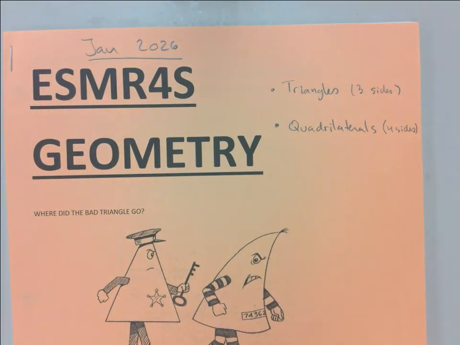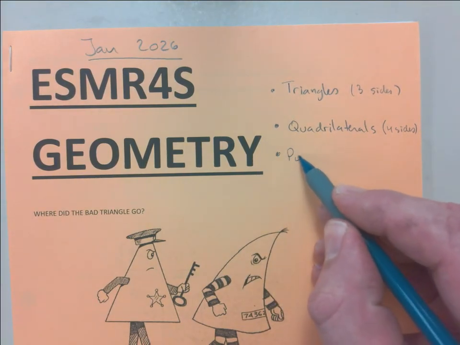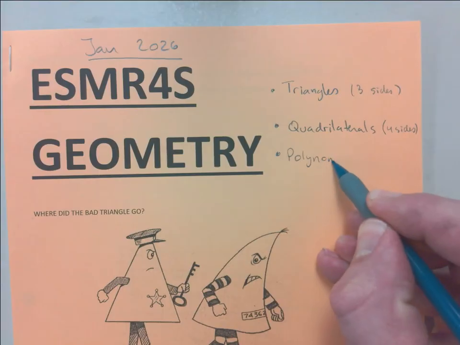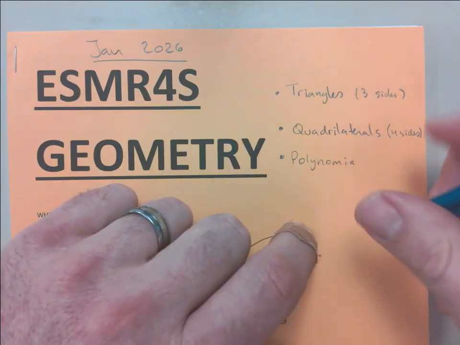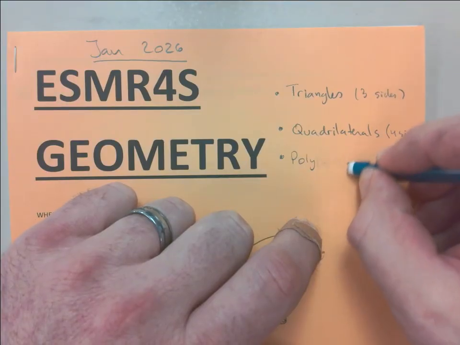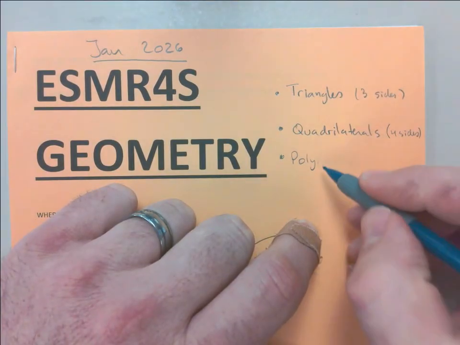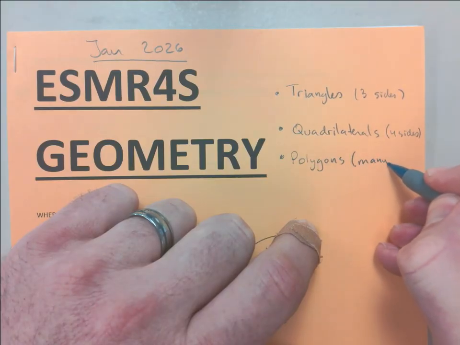Those you either have to have on your study sheet or you got to memorize them. And last but not least, polygons. Sorry, not polynomials, polygons. Different course. Polygons are just many sides.